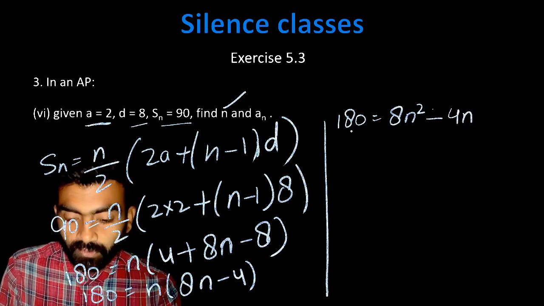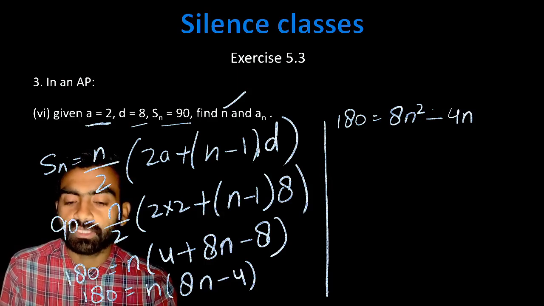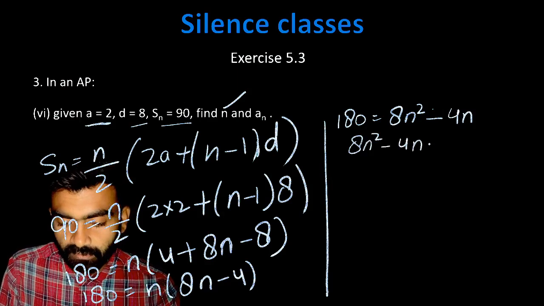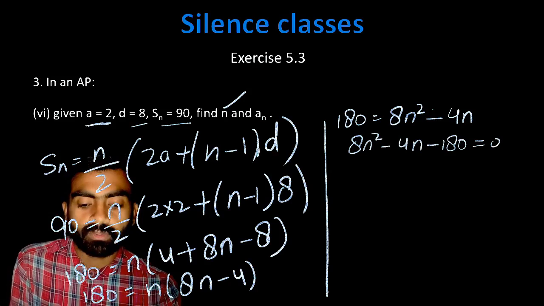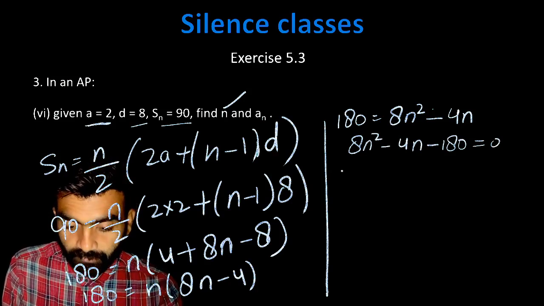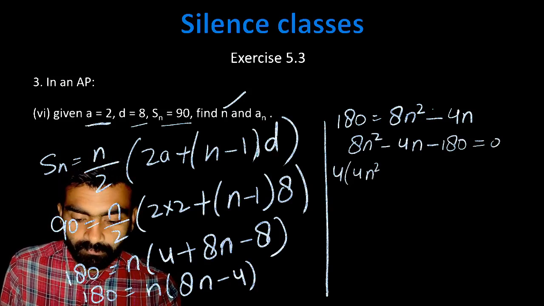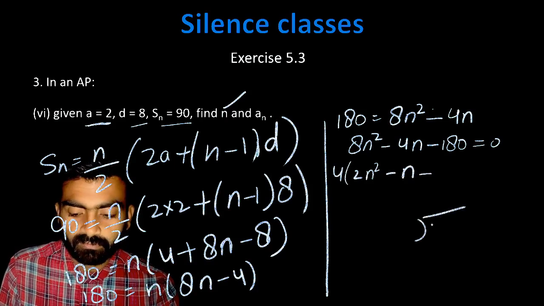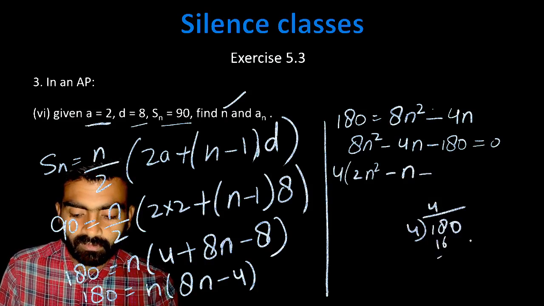Okay, so once I send this 180 to the right hand side, we will get the quadratic equation. So we will get 8n square minus 4n minus 180 is equal to 0. We can take 4 common over here, so we will get 2n square minus n minus, once I divide 180 by 4, 4 4s are 16 and 4 5s are 20, means we will get 45.